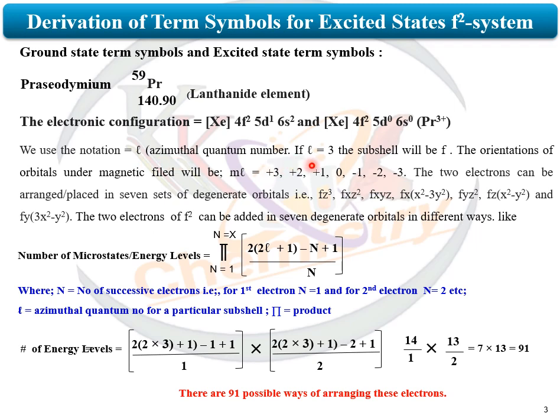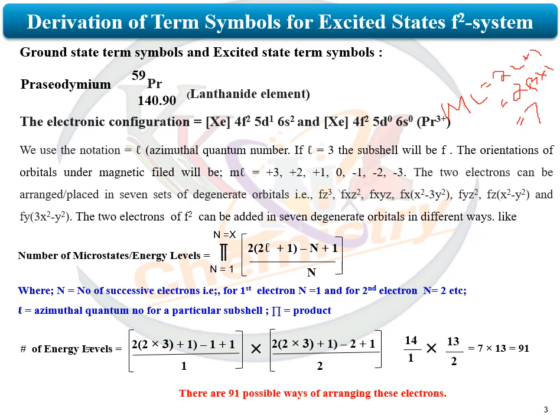For f we have azimuthal quantum number 3, and by using the formula ml equals 2l plus 1, putting the l value 3, we will get 2 into 3 plus 1, which is 7 orientations of this f subshell under a magnetic field.